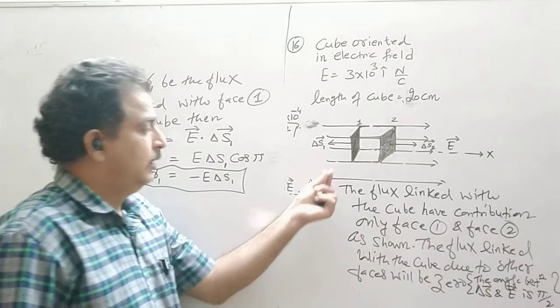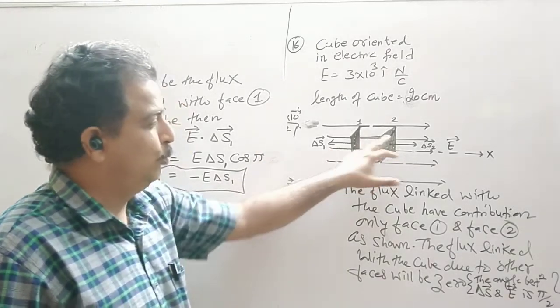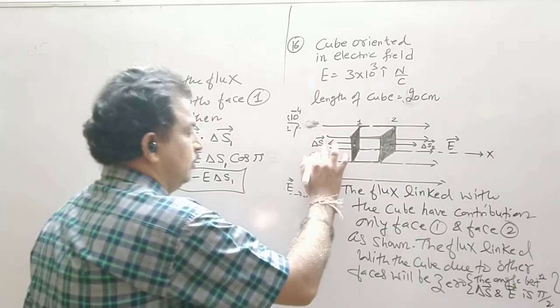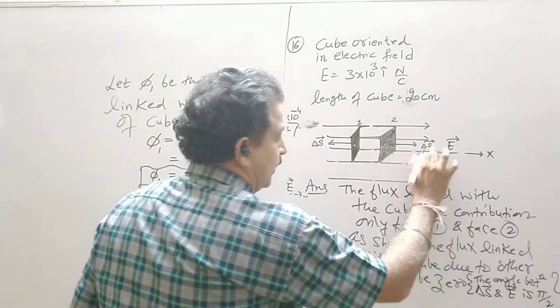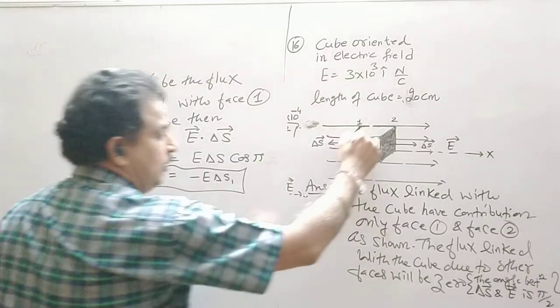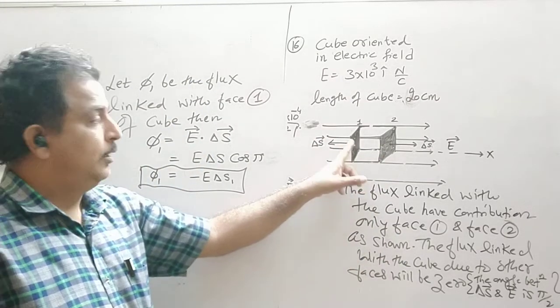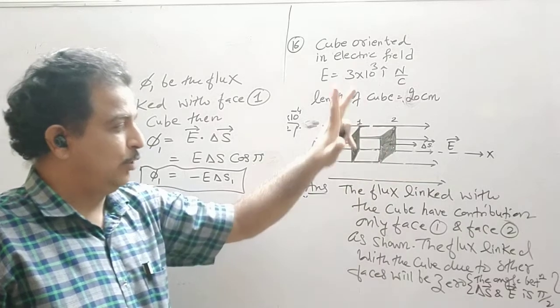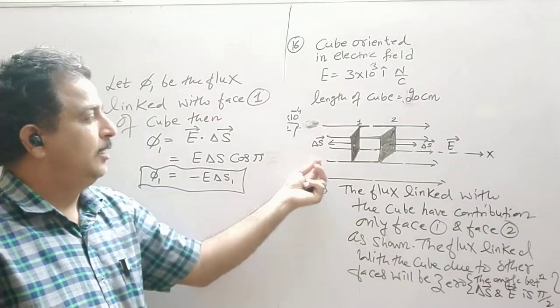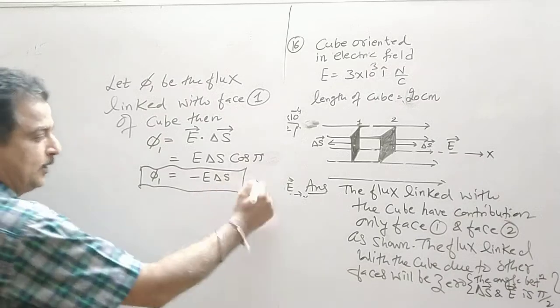Since it is a cube, the faces are identical, so let us remove the subscripts. The area of this face is a square, and this face is also a square, they are identical, so we take delta S. This is equation number 1.